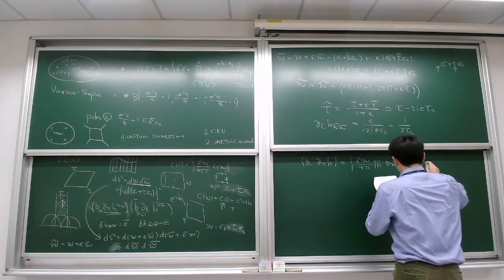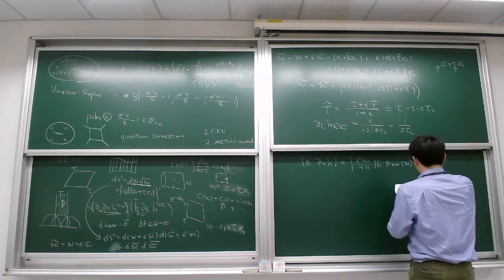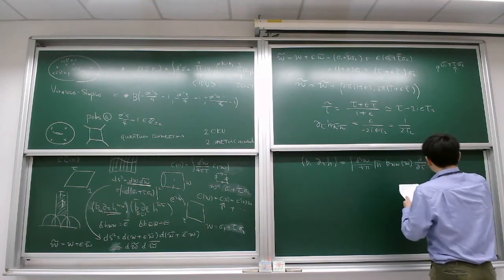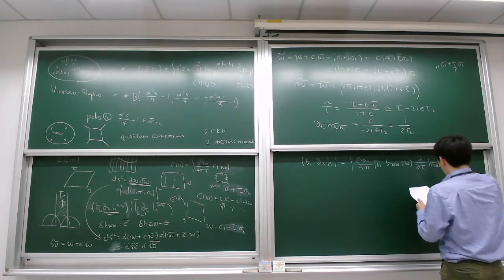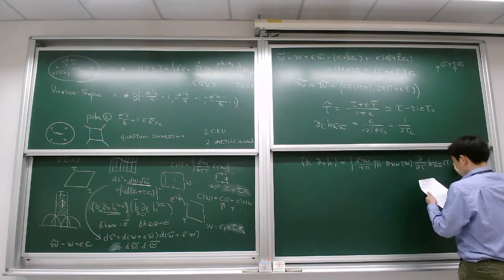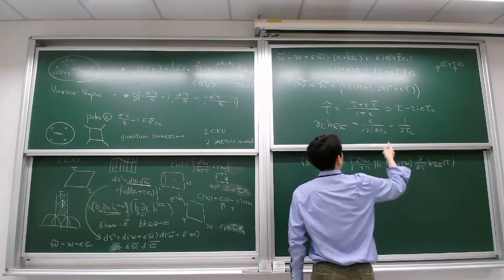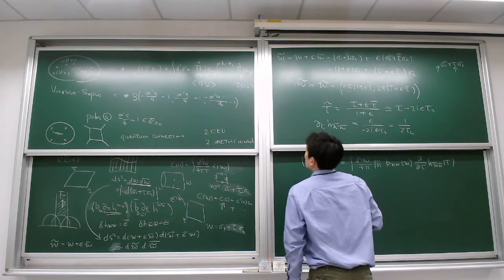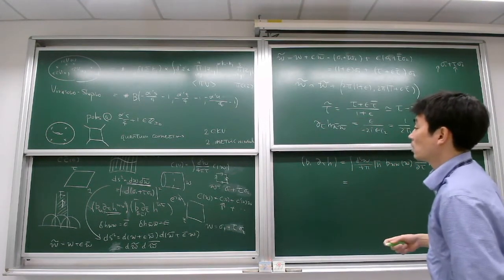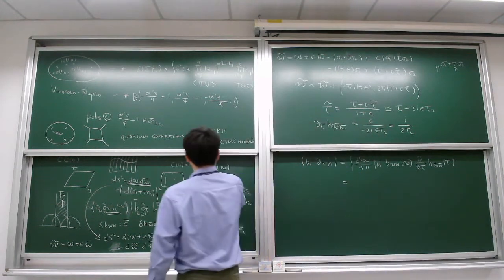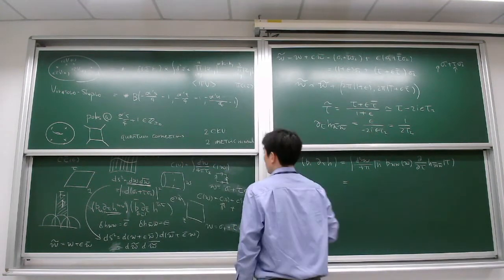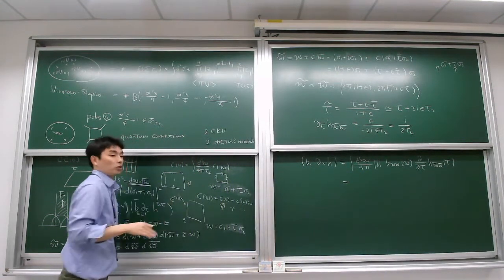This is the expression I wrote down last time, h_WW bar. And then you can just plug in. So this is tau 2, sorry, tau 2. Do you understand why 4 over tau 2 will show up?